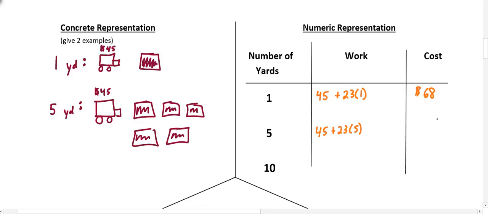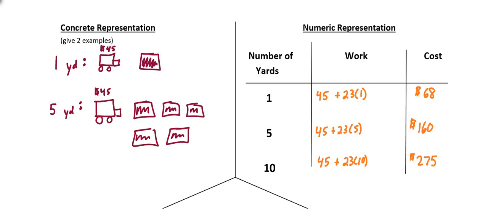So 23 times 5 is $115 plus 45 gets us $160 for our cost. If we have 10 yards, $45 plus 23 times 10. So 23 times 10 is $230 plus $45 is $275.